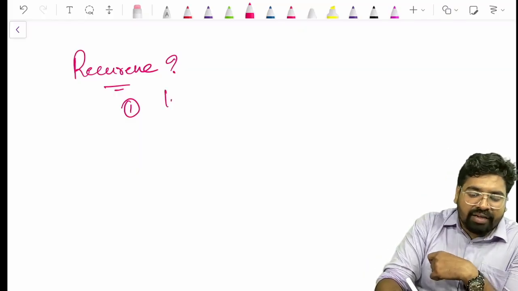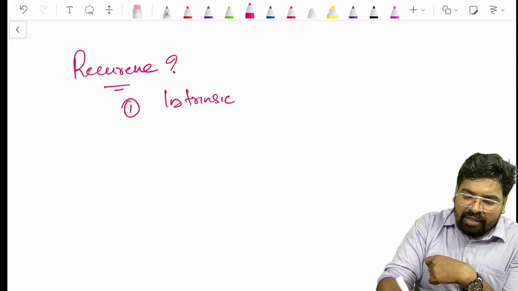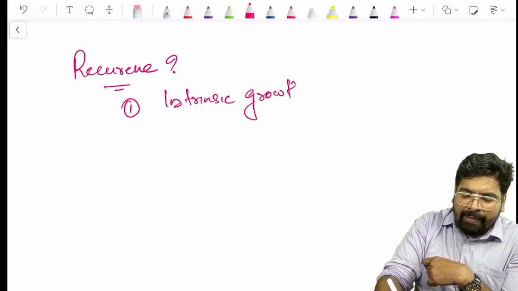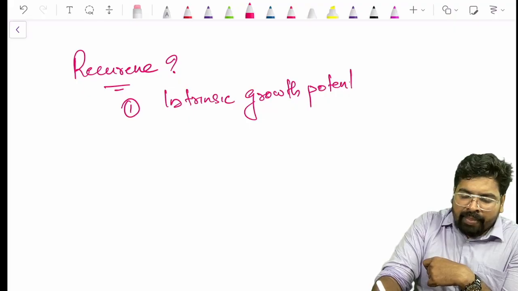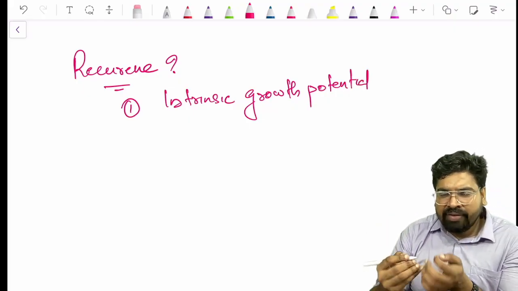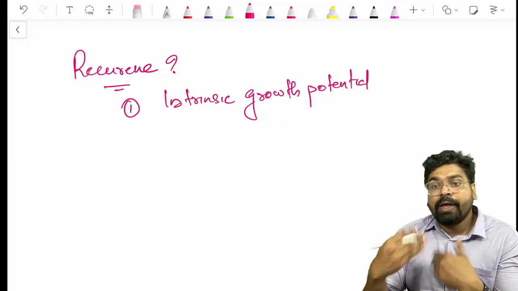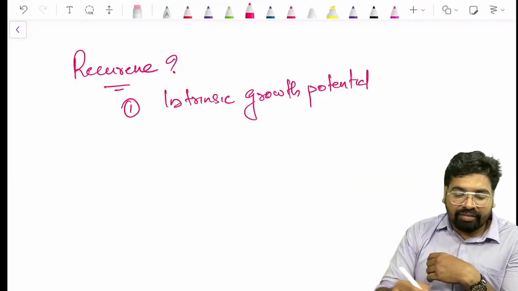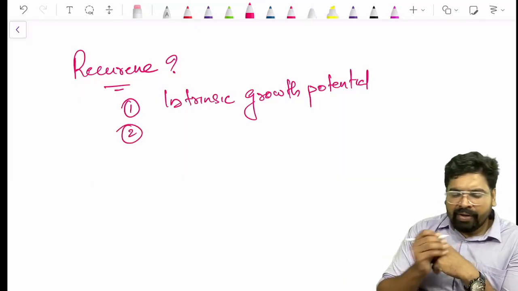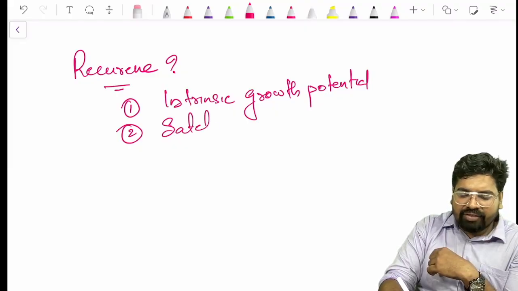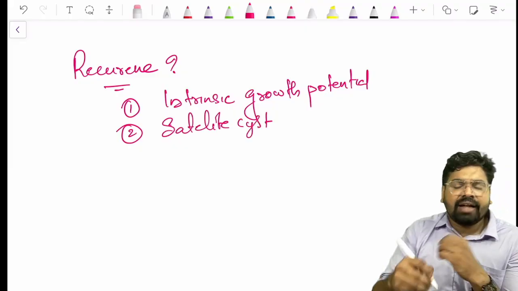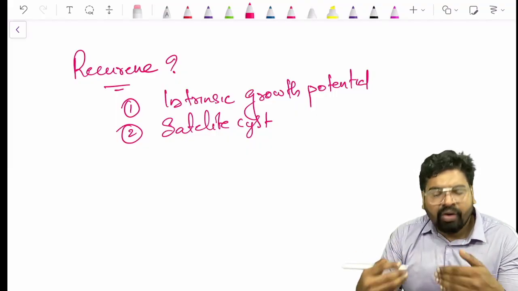The first main reason is intrinsic growth potential, which means the lining epithelium of the OKC has the potential to make the next OKC. Second one is the satellite cyst, or daughter cyst.